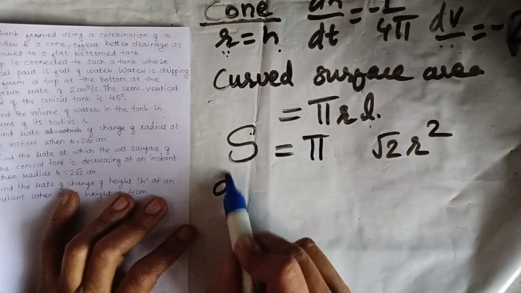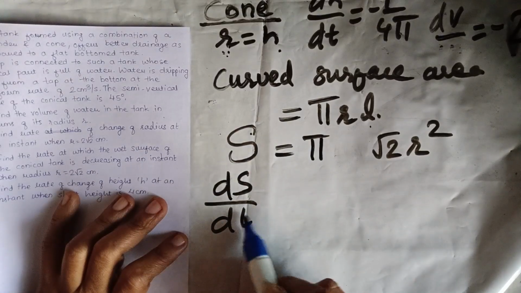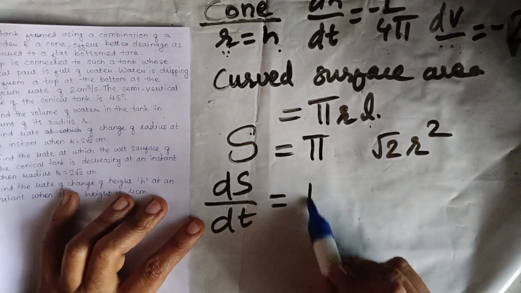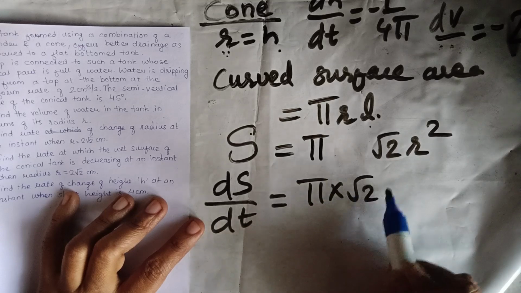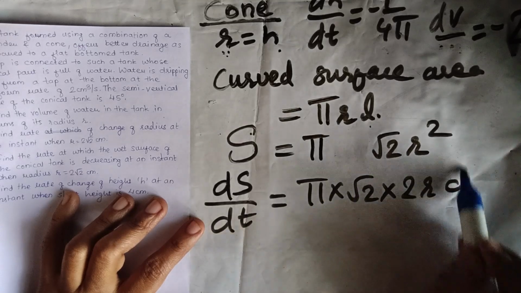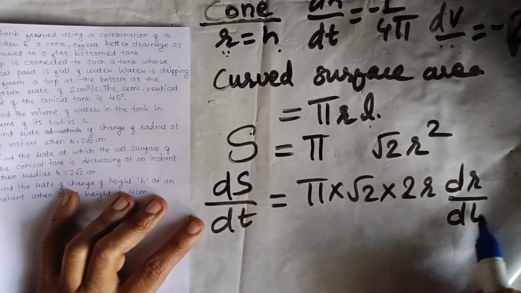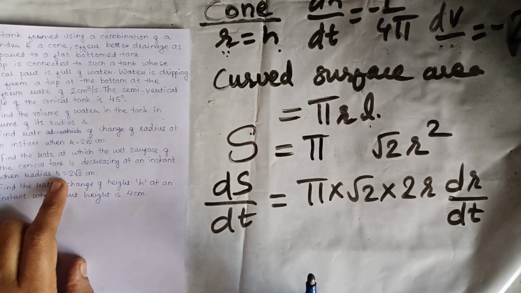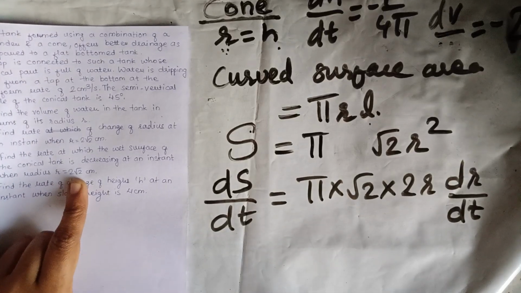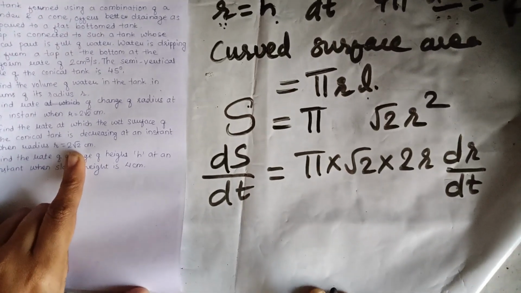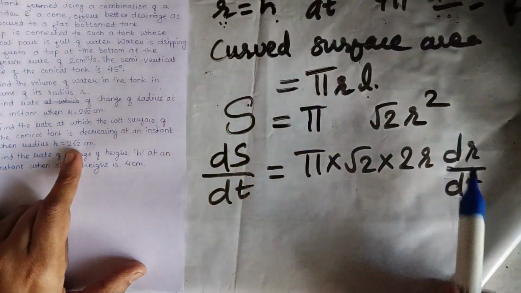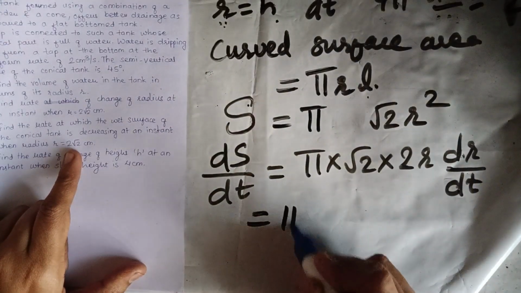Okay. So change in the surface area. Okay, so radius we have 2 root 2, and we also have the value of dr by dt. So substitute.